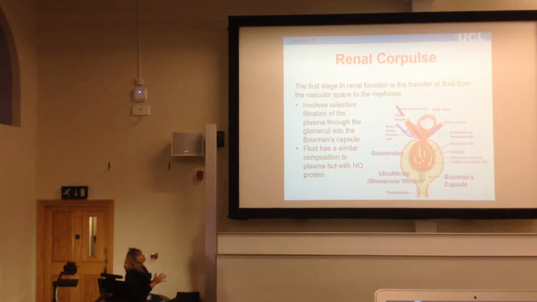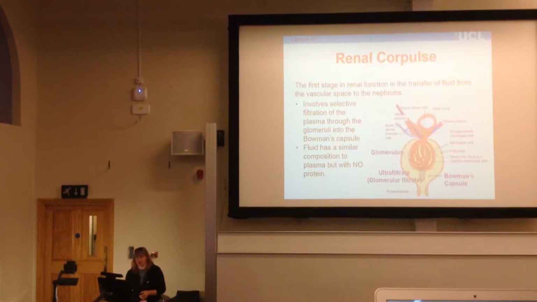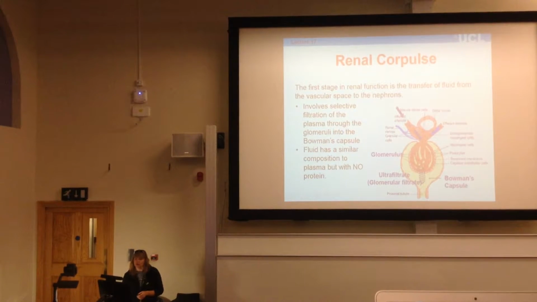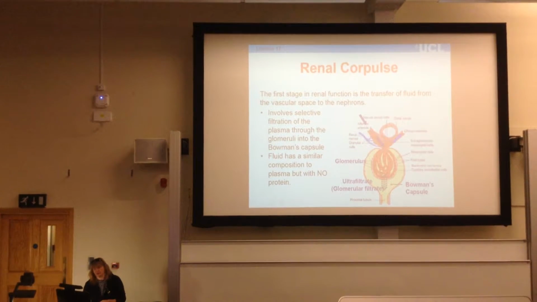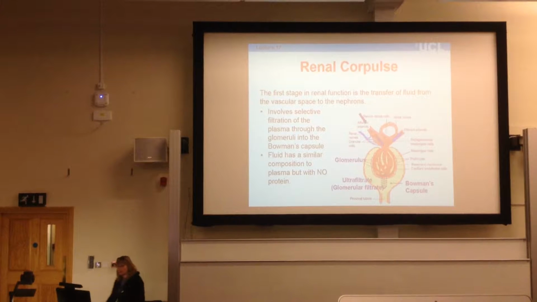So the first stage of what we think is true kidney function, the filtration process, happens within the glomerulus because we've got to be able to filter that blood that's coming in through the afferent arteriole, and we want a proportion of that to be filtered every time the blood passes through the kidney.